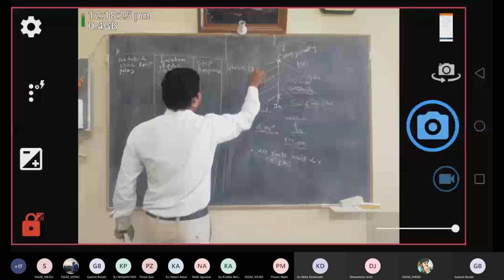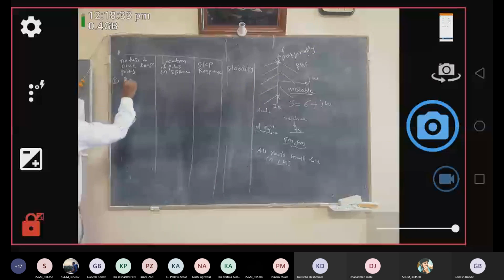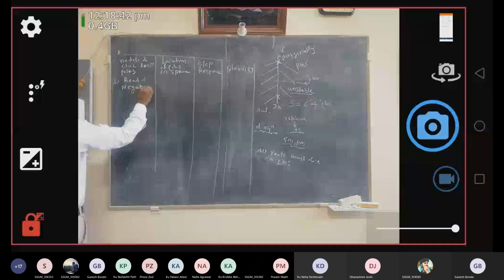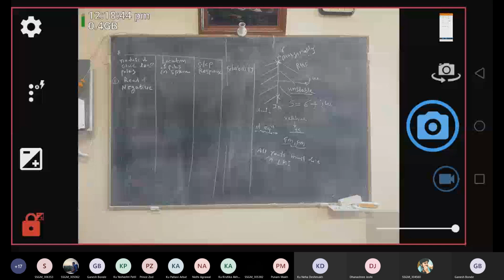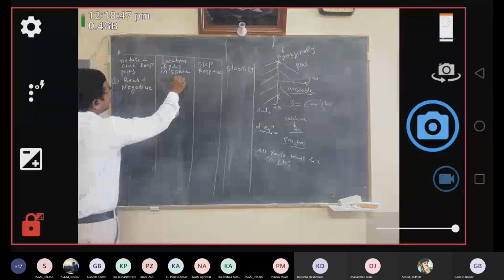Okay, so first we are considering if the nature of poles are real and negative. So if the nature of poles are real and negative, where is the location of poles in your S plane?